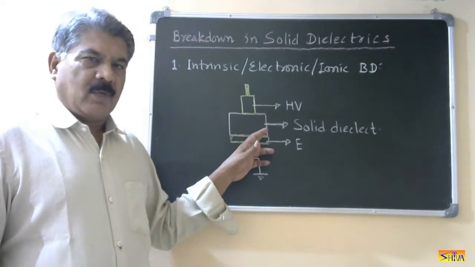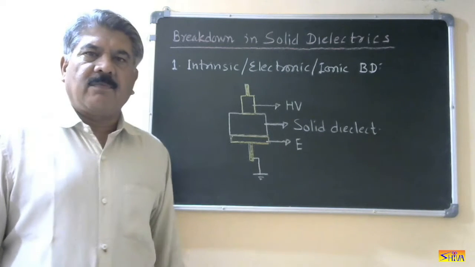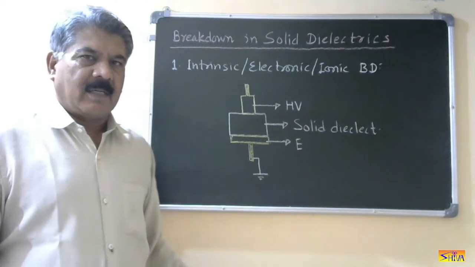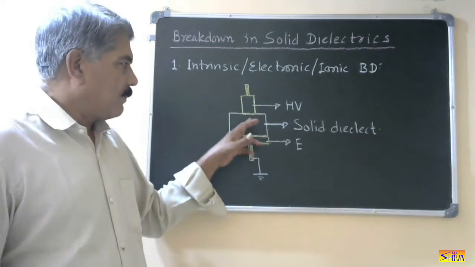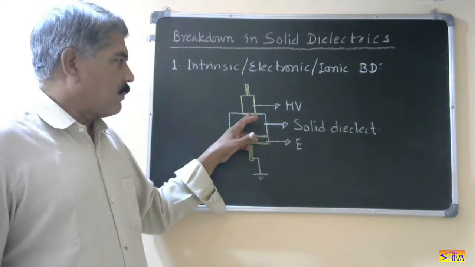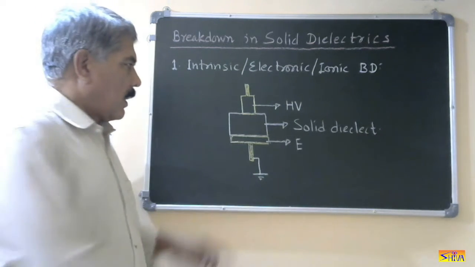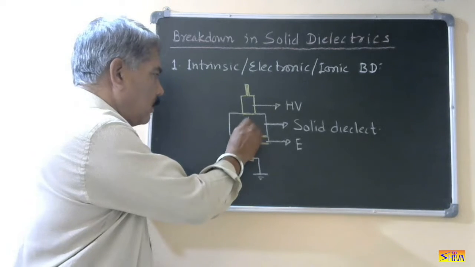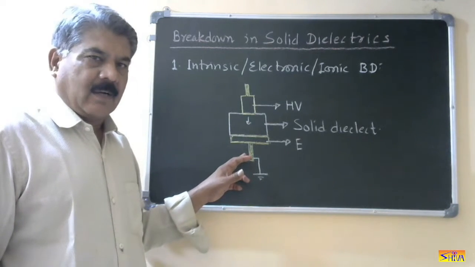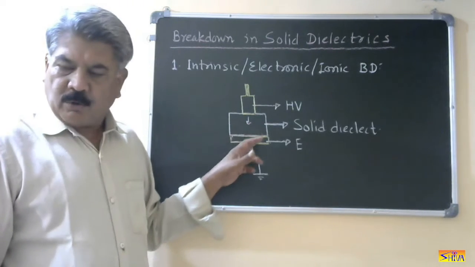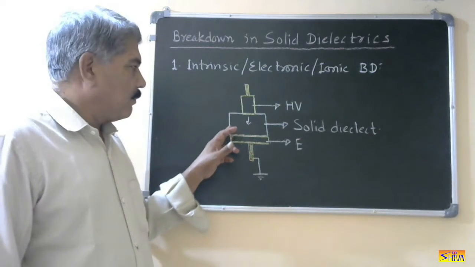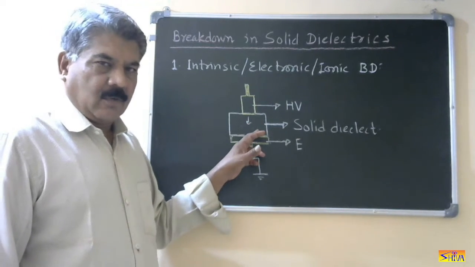At very high voltage, say in the range of 1 megavolt per centimeter, that is very high electric field, an electron is ejected from this electrode and it moves towards the other electrode. And in the process, it collides with the solid dielectric molecule.